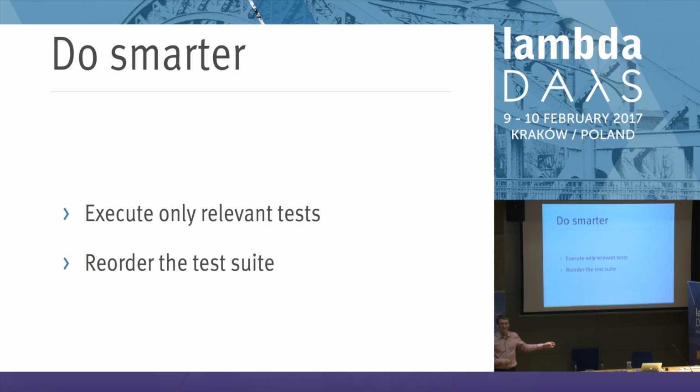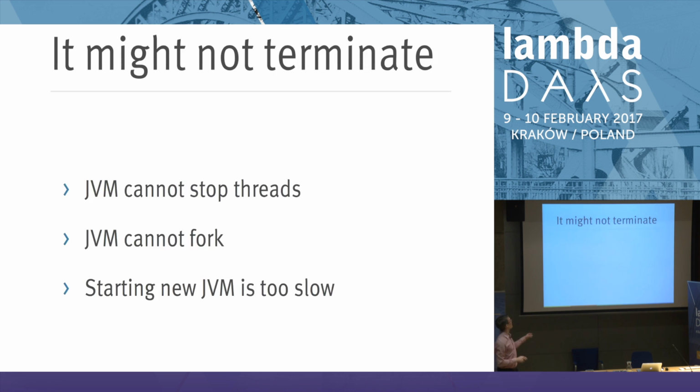All what I discussed is still nothing compared to the fact that the whole thing might not terminate, which I find delightful. If you generate a mutant which has an endless loop inside, which I did a number of times, you end up with this really unpleasant situation, and the underlying platform does not help. First of all, the JVM cannot reliably stop threads.